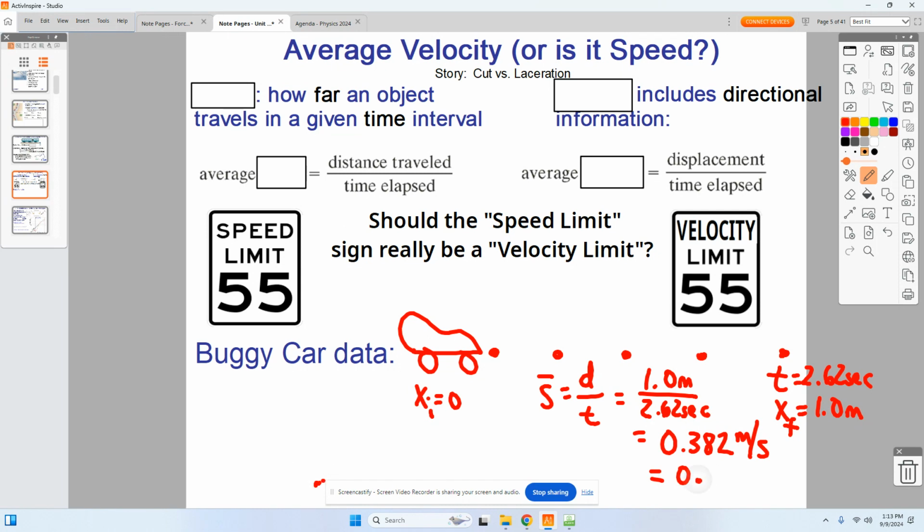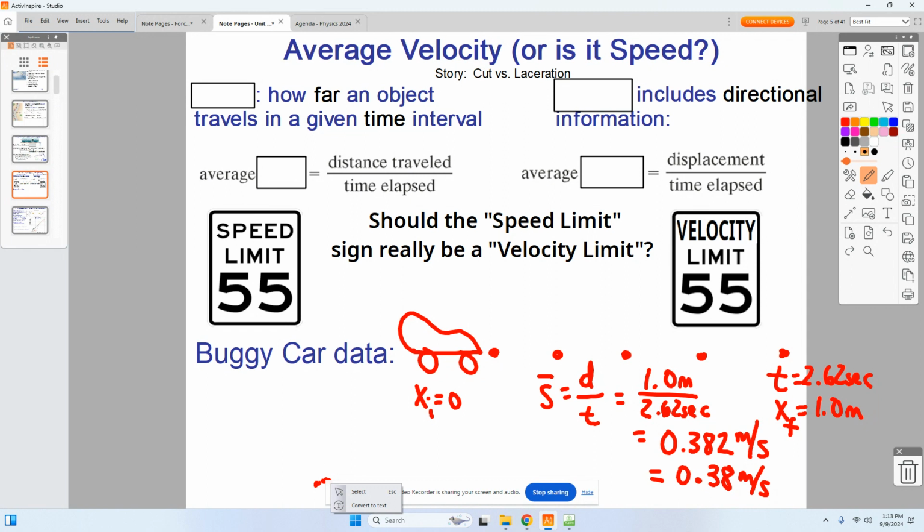Now, I don't really care that much whether or not you get exactly 0.38 or 0.382. What I wouldn't want is for you to write 20 decimals there because that's what my calculator says. So usually when we're doing a division, we go to the number of sig figs of these values. That has 2, that has 3. I put my final answer in 2, the least number of sig figs that I have in any of the values.